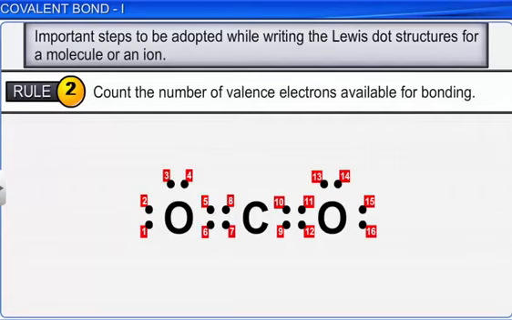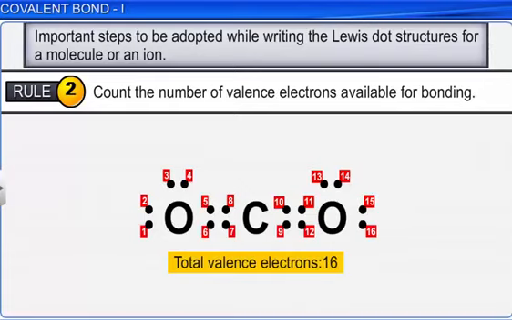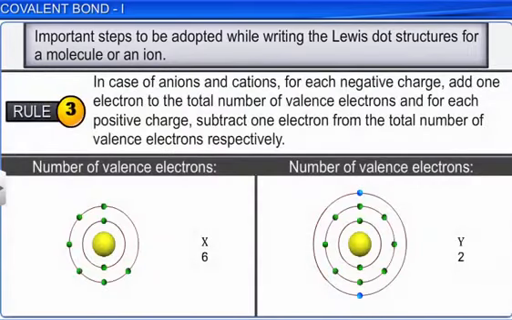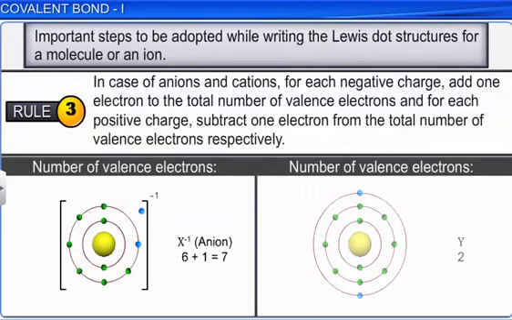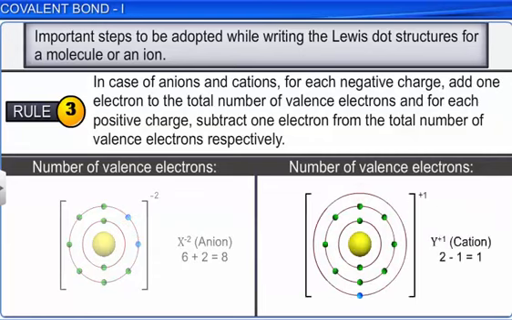In case of a molecule, count the total number of electrons present in the valence shell of all the bonded atoms. In case of ions, that is anions and cations, for each negative charge, add 1 electron to the total number of valence electrons, and for each positive charge, subtract 1 electron from the total number of valence electrons respectively.